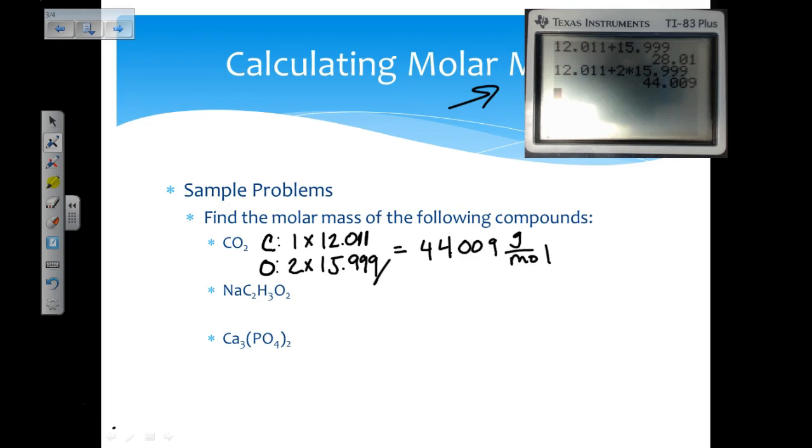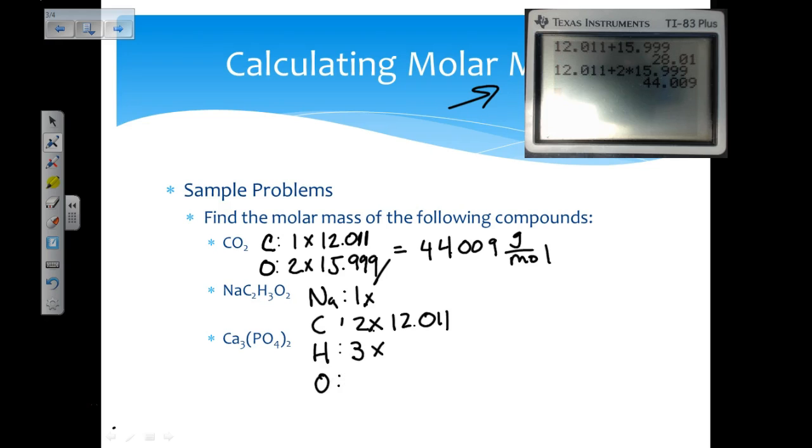Here is sodium acetate. How many sodiums do we have? We have 1, and then we'll have to look that up, what the mass is on the periodic table. And then carbon, how many carbons do we have? We have 2 times, and we know that one already from up here, so I'm not in the market of doing a whole bunch of extra work. Okay, and then we have hydrogen. Hydrogen, there's 3 hydrogens. We have to look that one up.